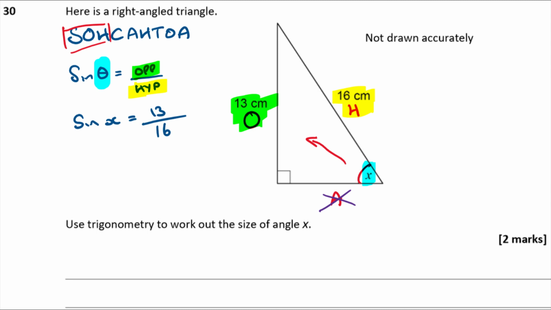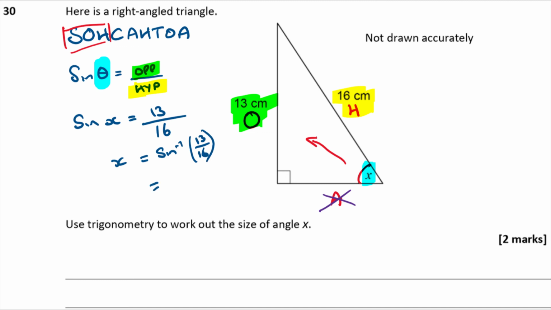Okay, now we don't want sine X, we want X. So to get X from sine X, we have to do the opposite of sine, which is the inverse sine. So we do that to both sides. Left hand side becomes X, the right hand side becomes the inverse sine of 13/16.